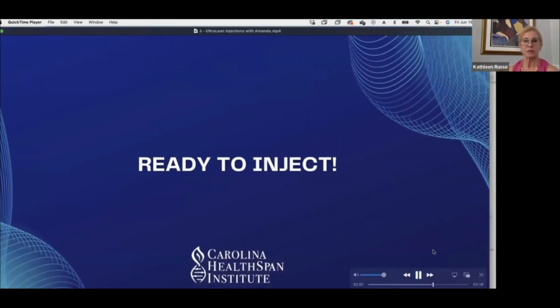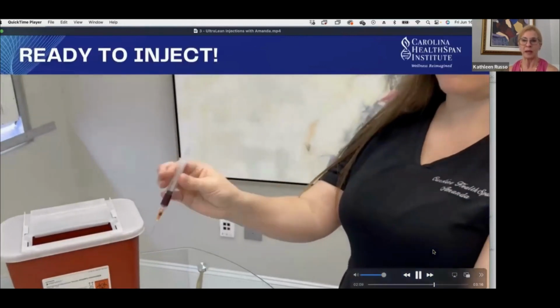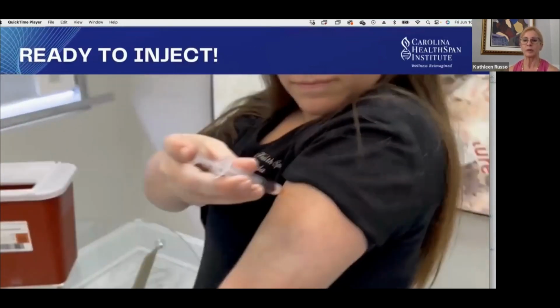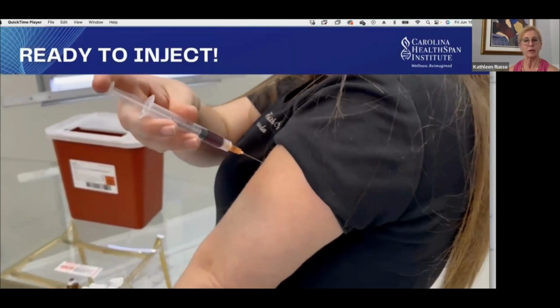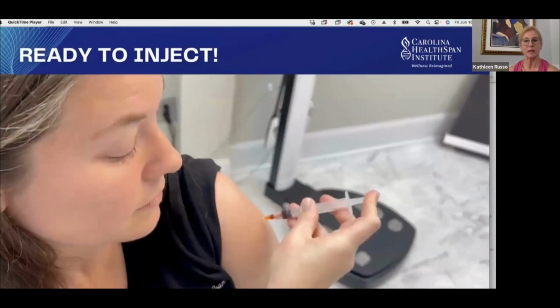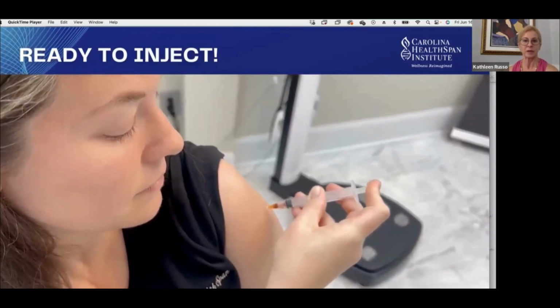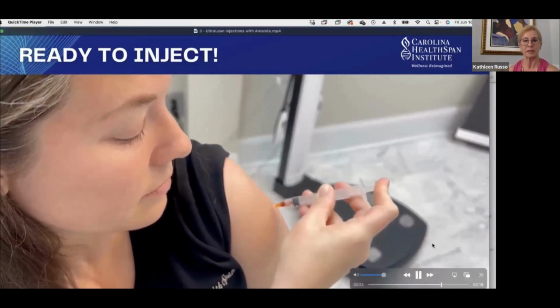So now Amanda is ready to inject her Ultraline medication. She's already prepared her site, and she's going to put the needle at a 90-degree angle to the deltoid muscle, and she's going to inject the medicine into the muscle. And you can see she looks very comfortable with the process.